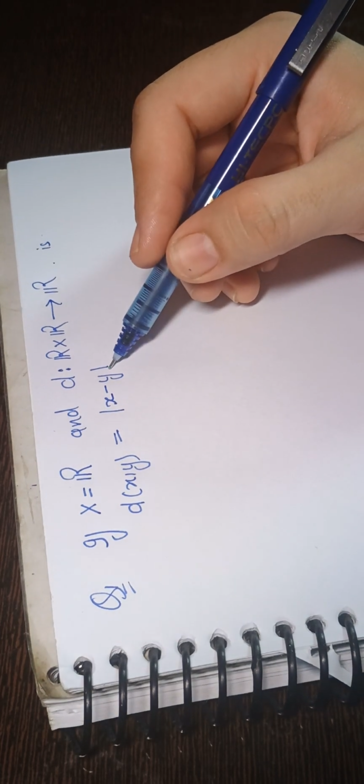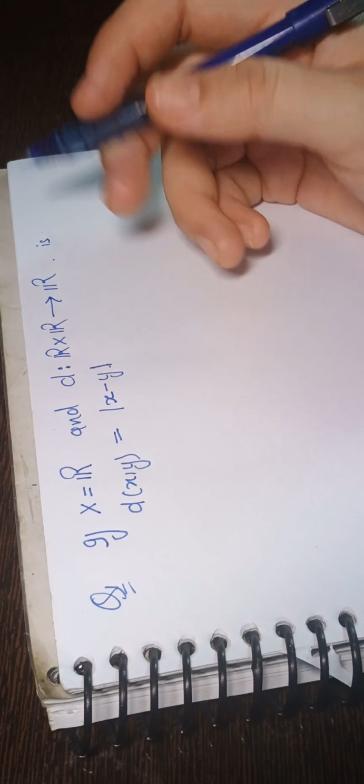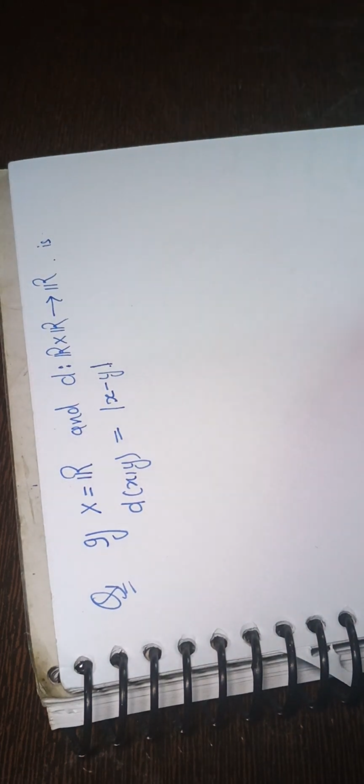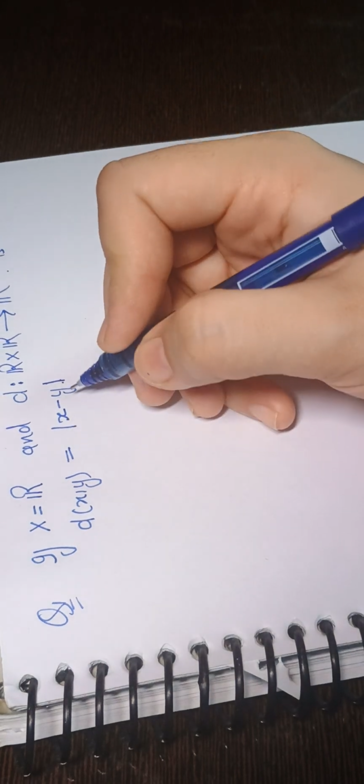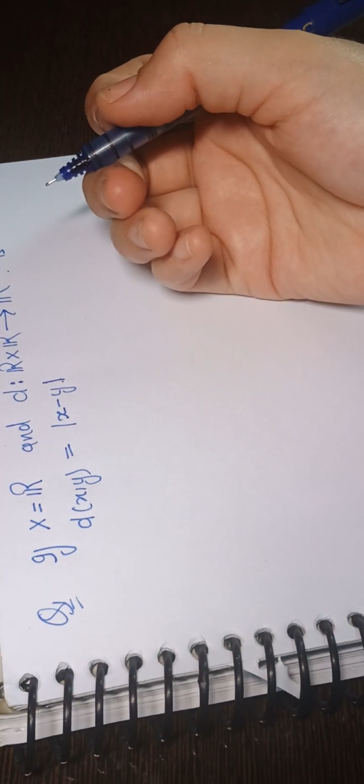This you have already done in the case of distance between any two real numbers. So if we define this metric, then let us see whether this is a metric or not.